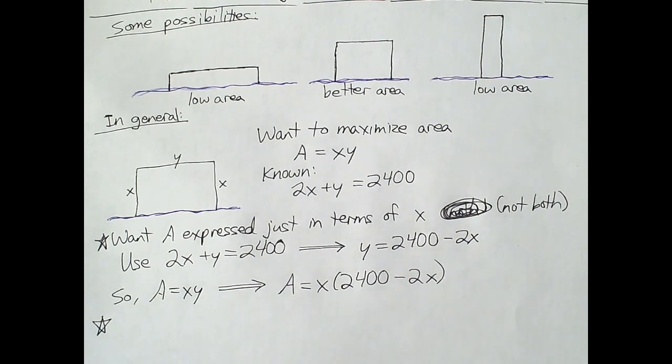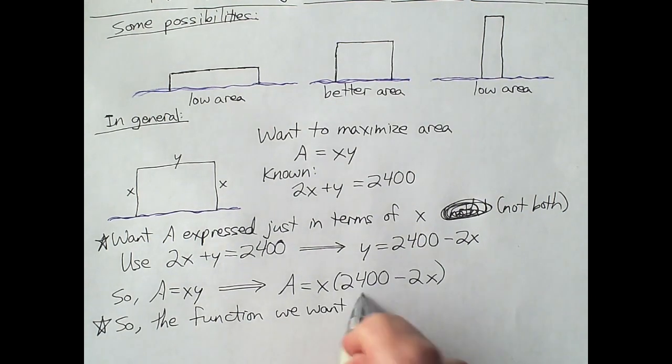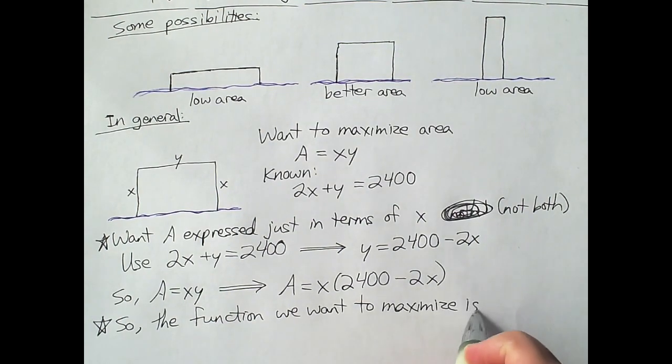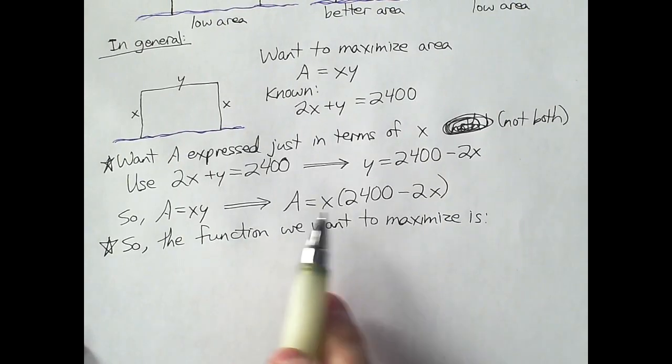You can probably tell each problem that we do in this section is going to be a little different. This is a problem about area of a rectangle, and some other problems might involve different shapes, or they might not involve shapes at all. But I'm going to say for this one, the function we want to maximize is... I claim that we wrote area as a function of x.